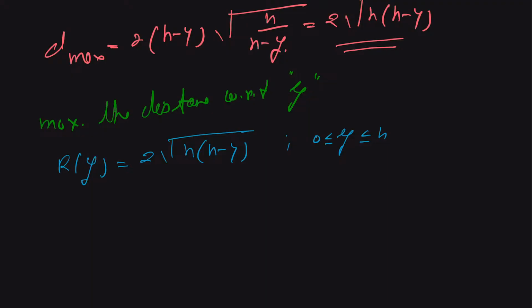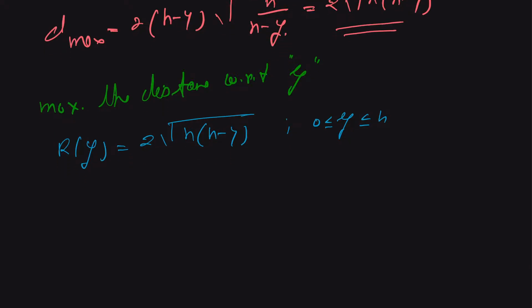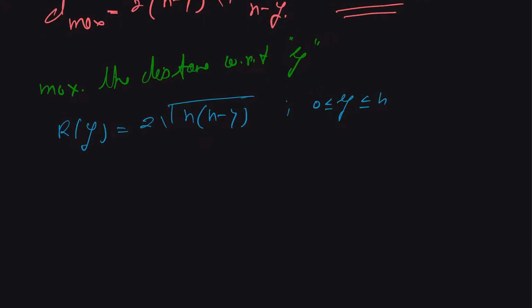Okay, and so we can differentiate it, and for differentiation let us assume that we have our function u which is equal to h minus y. Therefore we get that our du by dy will be equal to minus 1.